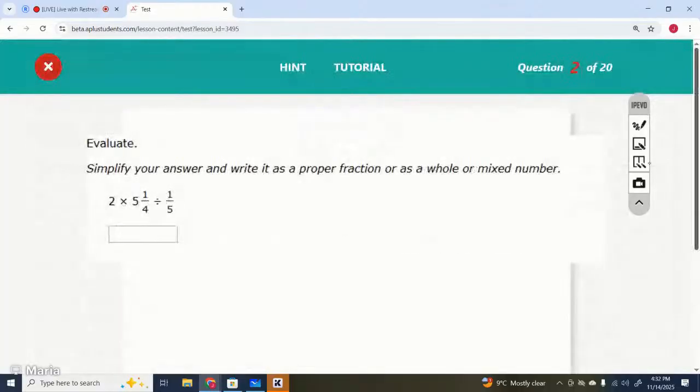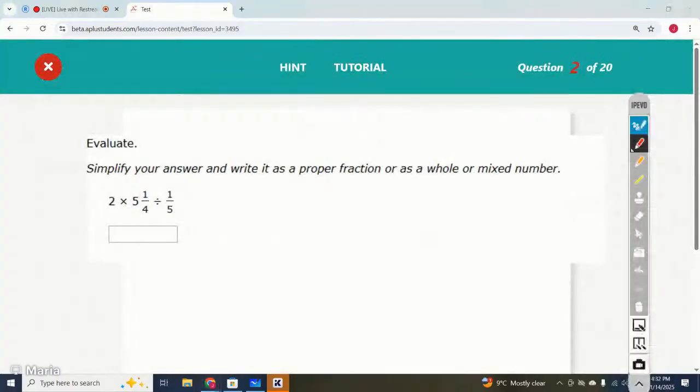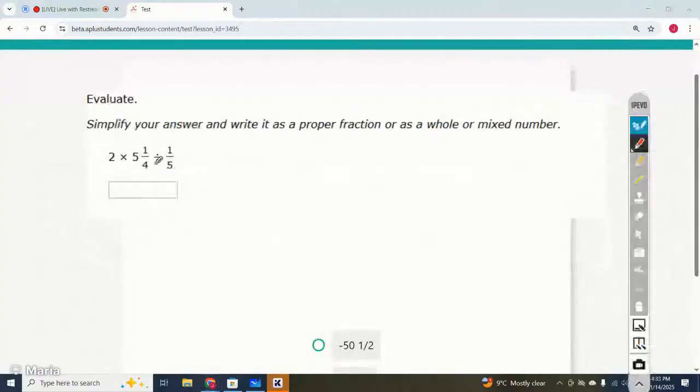That is 2 times 5 whole 1 by 4 divided by 1 by 5. So we are given more than one operation. Which operation are we going to perform first? We're going to divide first, right? Because division has higher priority. Replace the division sign with multiplication and take the reciprocal of the fraction, right?